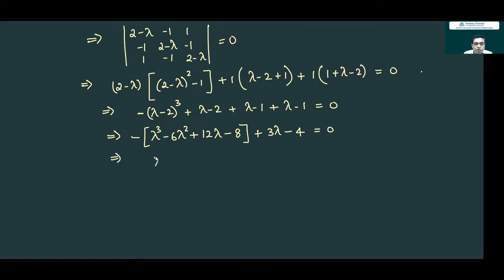You multiply throughout by negative sign: lambda cube minus 6 lambda square plus 12 lambda minus 8 minus 3 lambda plus 4 equal to 0.